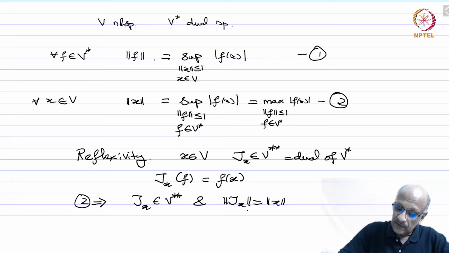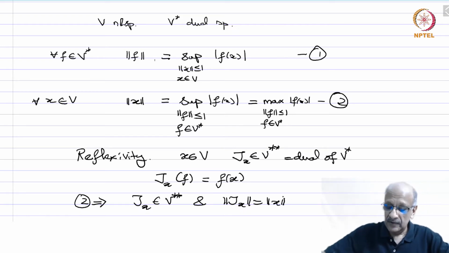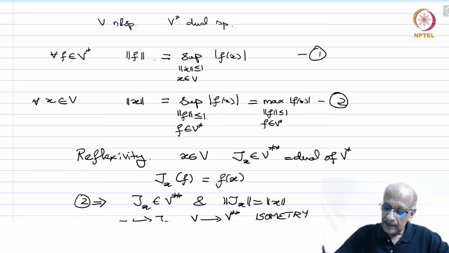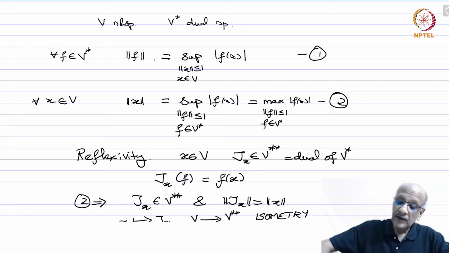This norm is in V double star for Jx and norm x is in V. So the mapping x going to Jx from V to V double star is linear and preserves norms, and so it is called an isometry. In particular it is 1 to 1, and therefore it will map V into a subspace of V double star, preserving the norm.